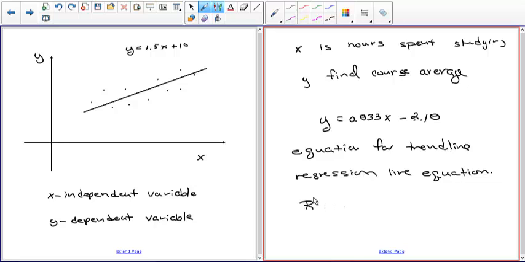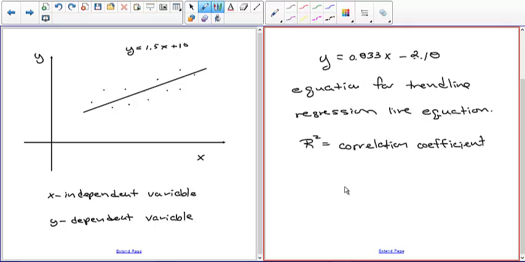Now there's this thing called r squared. This is called the correlation coefficient, and it relates to how well the line predicts the actual data.